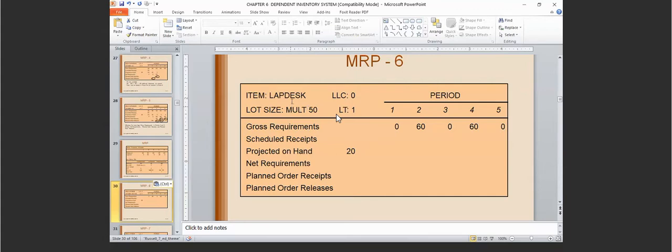We need to key in input about the item, lab desk. The lot sizing technique used for the lab desk is multiple 50 unit and with the lead time of 1 period. And the gross requirement for the lab desk is 60 unit in period 2, 60 unit in period 4, and have on hand inventory of 20 unit.